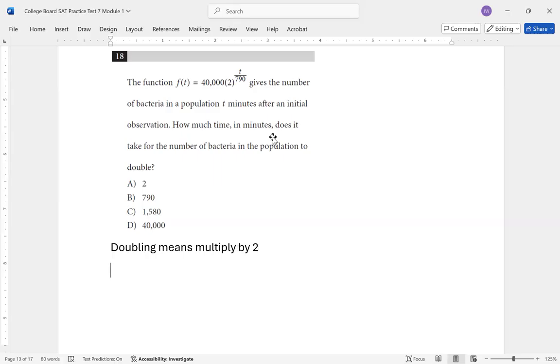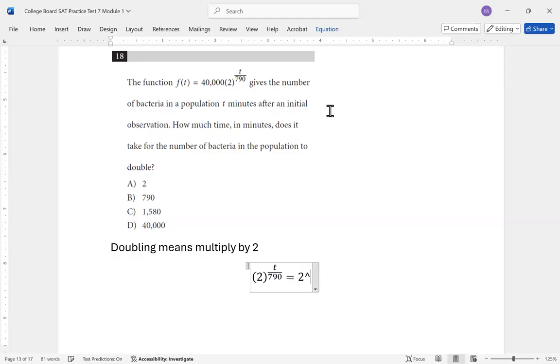And we're asking, essentially, we start with 40,000. When is that 40,000 getting multiplied by 2? So if I take 2 raised to the t over 790, when is that expression equal to 2?